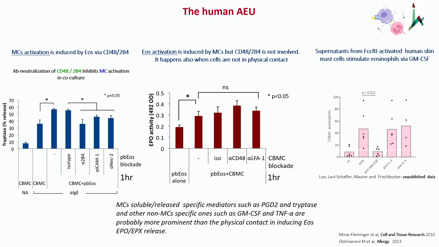For eosinophil activation due to muscle in vitro activation to degranulate, soluble mediators are more important, and we just showed, in collaboration with the group of Markus Maurer, that indeed if you take supernatants of IgE-activated human skin muscle, you can stimulate CD69 expression on eosinophil, and this stimulation is absolutely blocked by anti-GM-CSF.